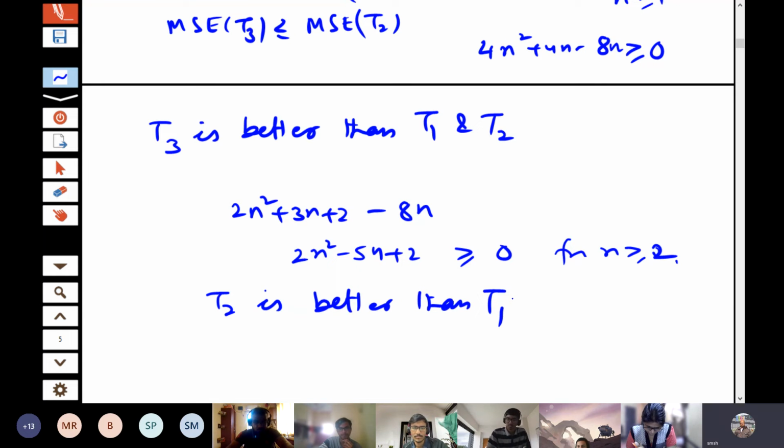Okay, now practically speaking, what does it mean? Given the data x1, x2, xn, a smaller mean squared error means that it is taking care of the dispersion in the estimator better, isn't it?